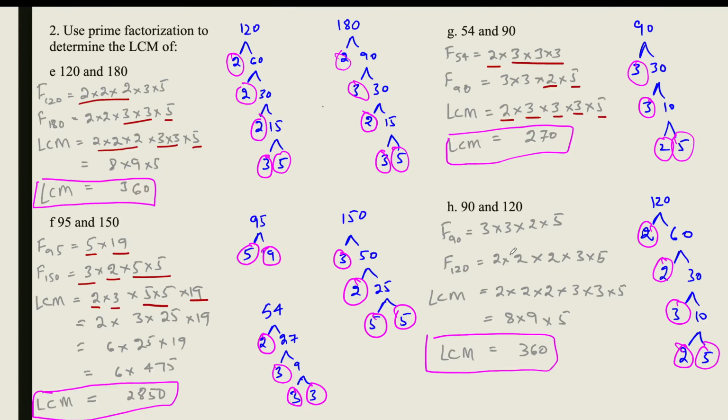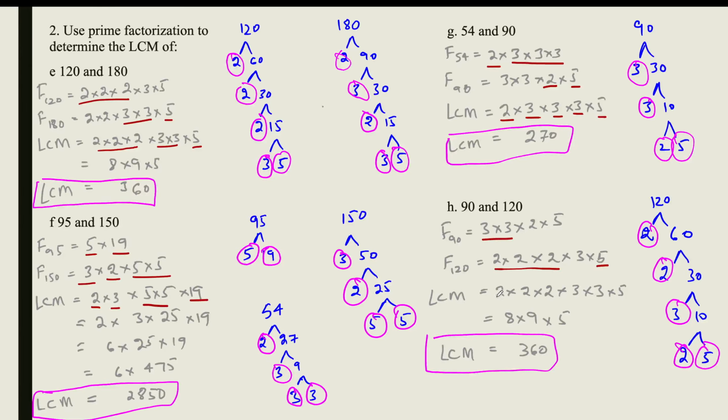90 and 120. We have expressed the number as a product of prime factors. We look for the common factors with highest power. In here the highest power of 3 is 2, the highest power of 2 is 3, and the highest power of 5 is 1.